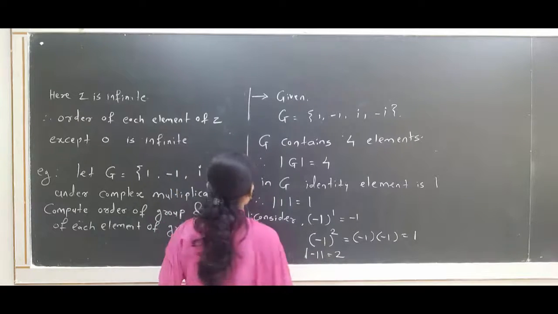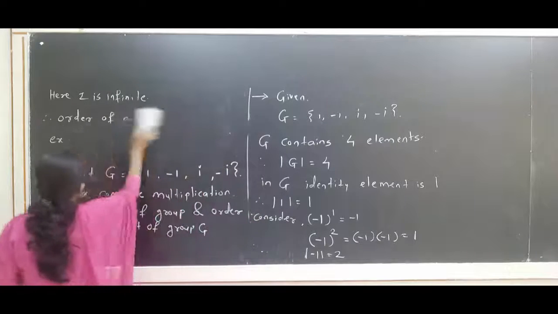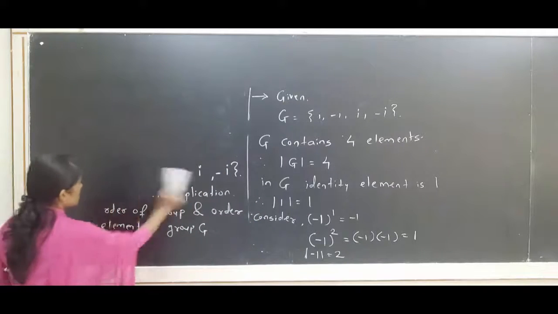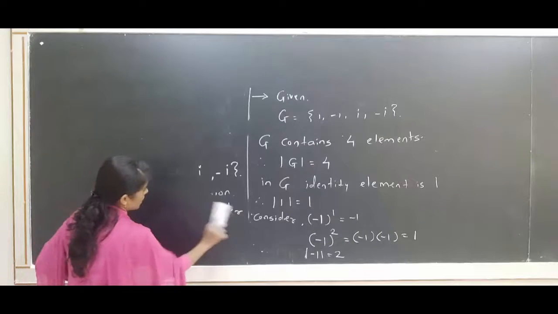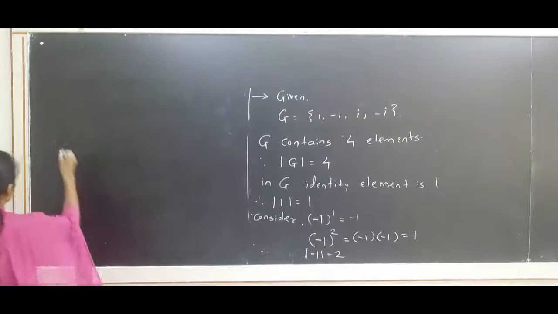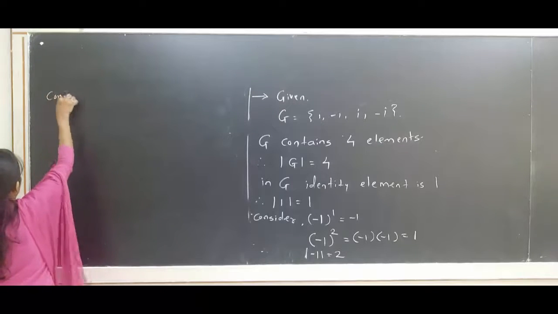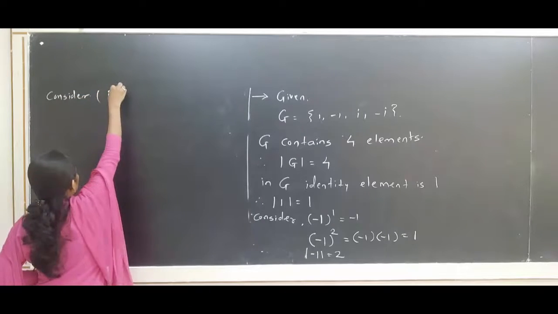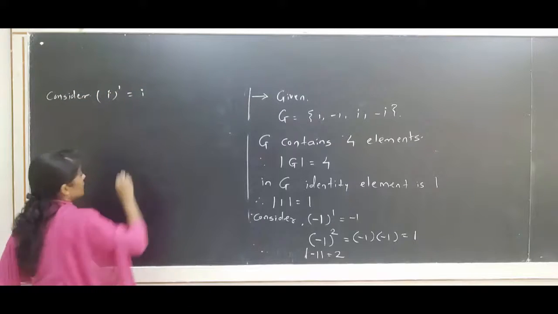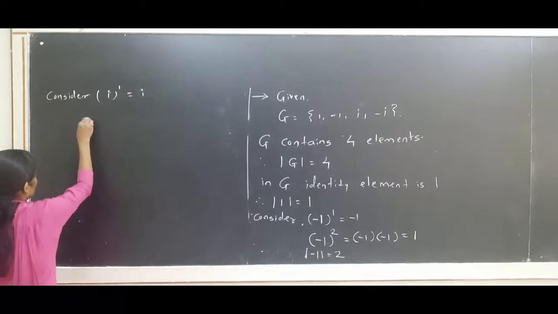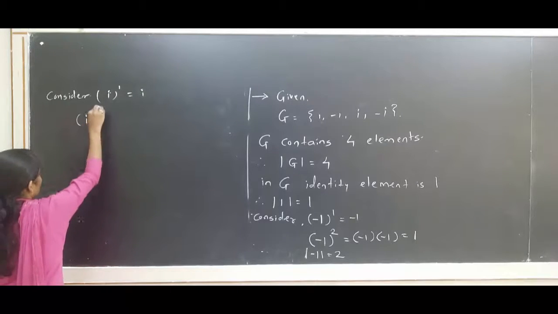Get it? Now, similarly, we want to compute the order of i and minus i. Here, i is the imaginary number and 1 and minus 1 are the real numbers. Okay? So, now consider i. So, i raised to 1 is i itself, which is not identity. Now consider i raised to 2.